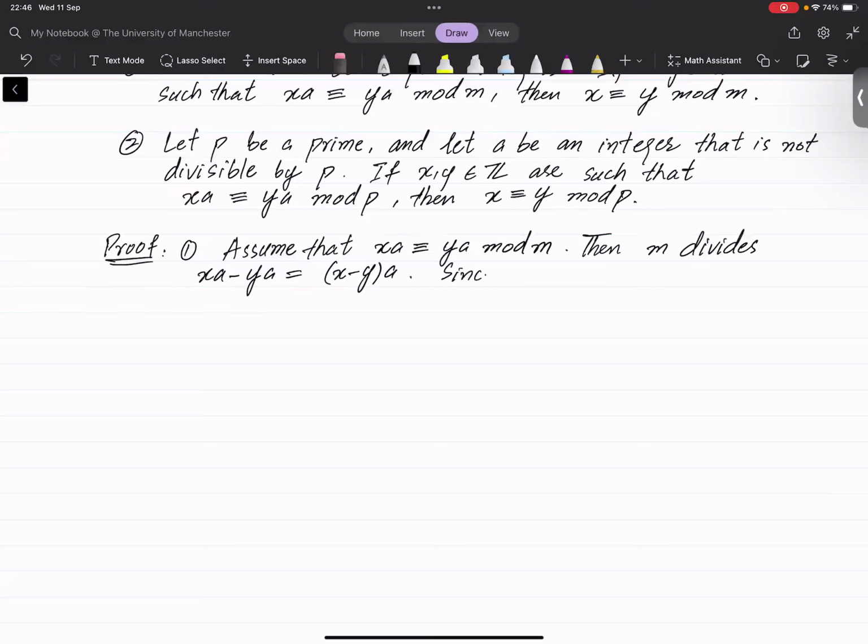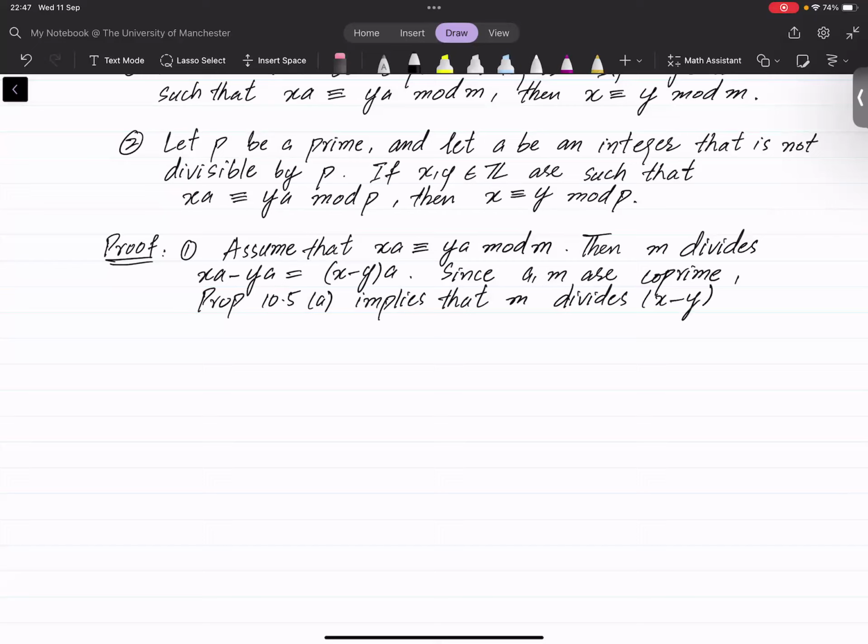Now, since a and m are co-prime, by proposition 10.5, it implies that m divides x minus y.